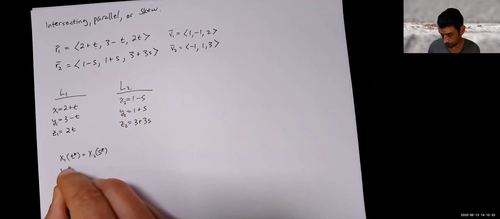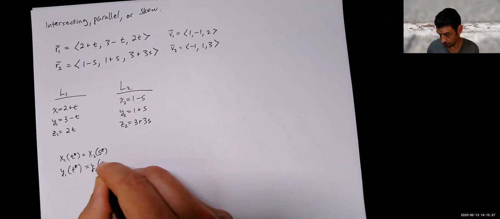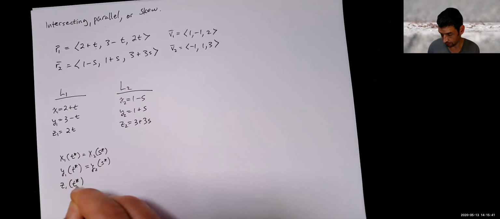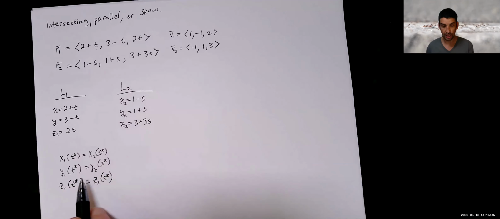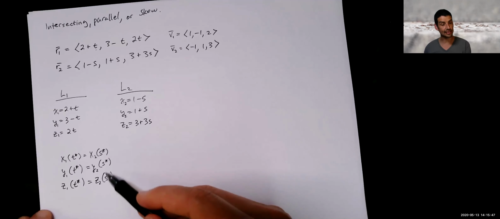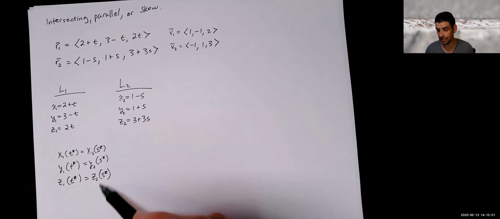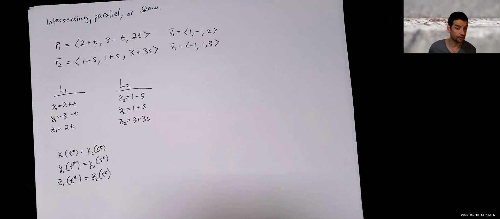And y1 of t star is going to equal y2 of s star. And z1 of t star is going to equal z2 of s star, right? This is a system of equations. There are 3 equations, and we've got a couple of unknowns. So let's try to solve this system.